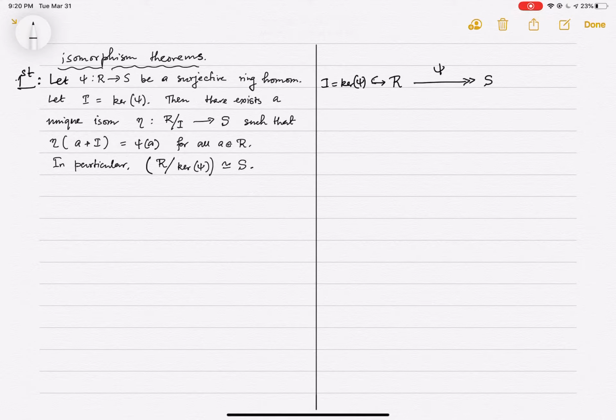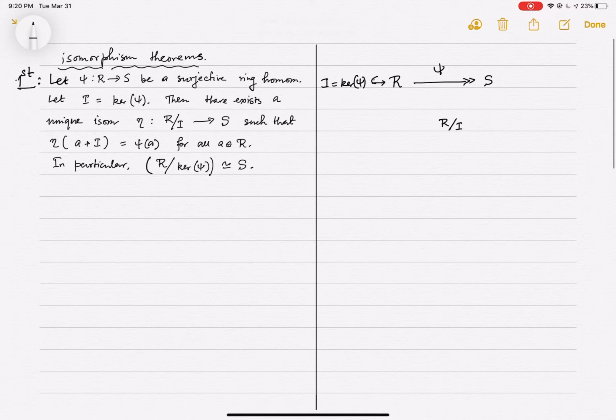Okay. On the other hand, once you have this ideal, you have R mod I, the quotient ring, which we defined in a lot of detail. So by the way, before you go through this, you want to make sure that you are completely comfortable with this quotient ring construction, the definition of R mod I. Because all these isomorphism theorems are basically results that help you deal with this quotient ring. So we first need to know what it is.